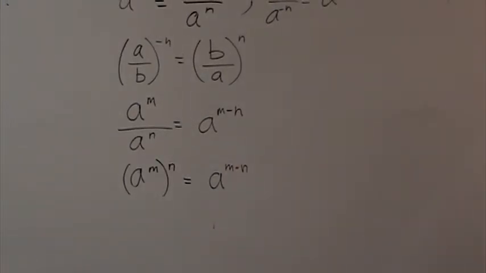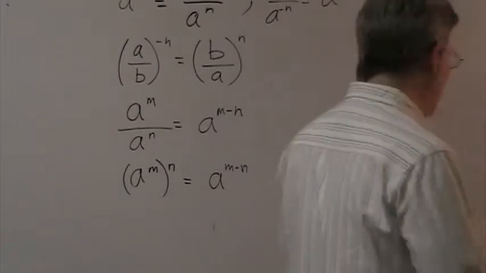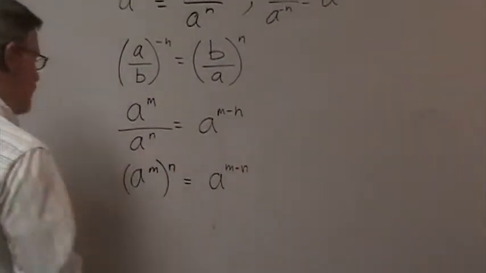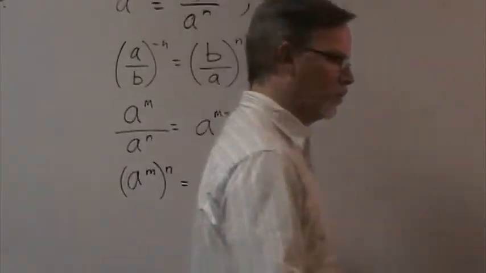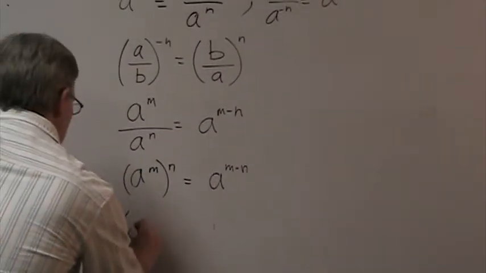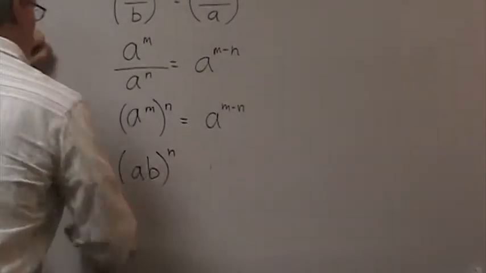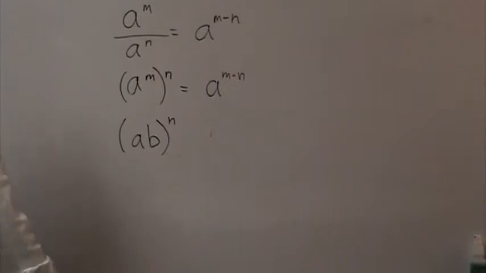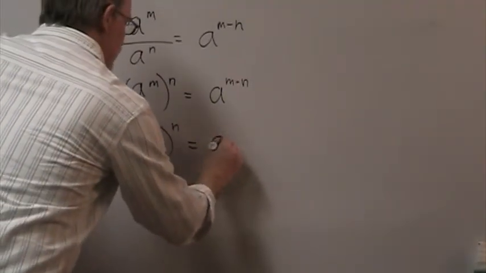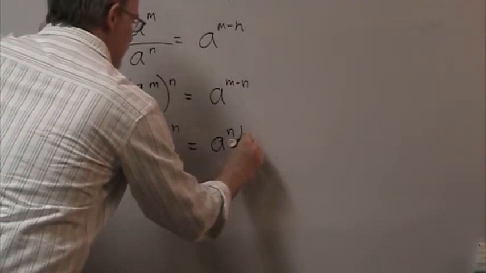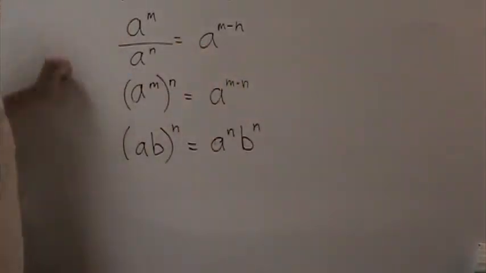Now we want to look at the power rule for products. In other words, how does the power rule work if you have something like a times b raised to the nth power? What does that look like? Very simply, a to the n times b to the n.